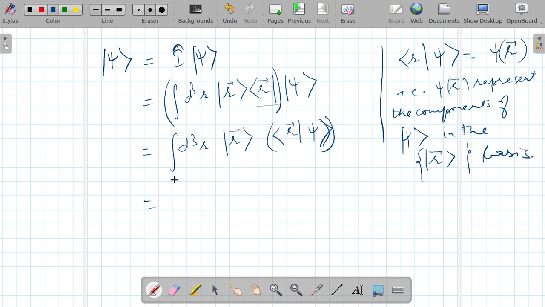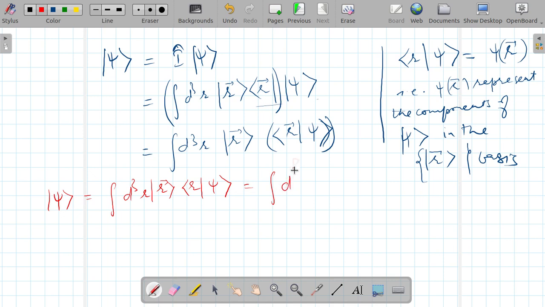So thus, now I can sum up this result as ket psi is equal to the integral of d cube R ket R psi of R. Right? So this is a way to look at the wave function.